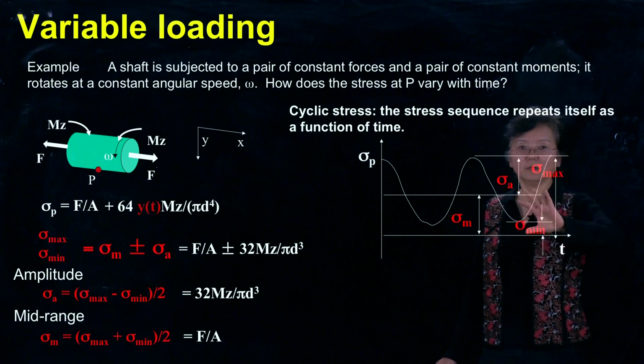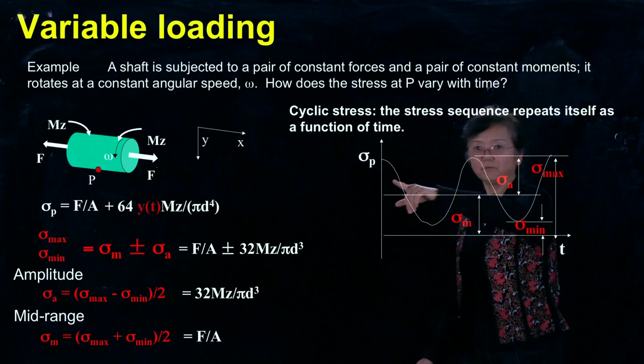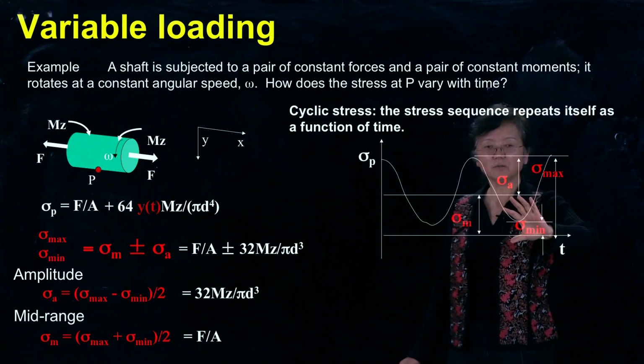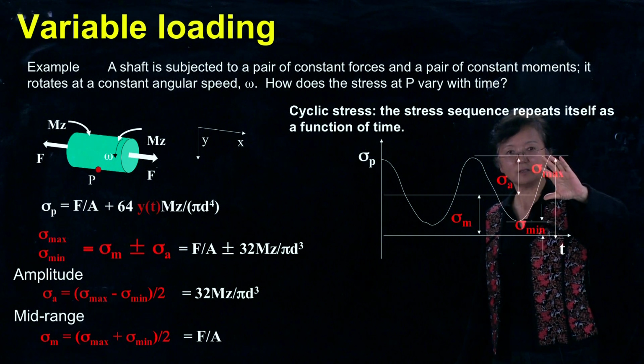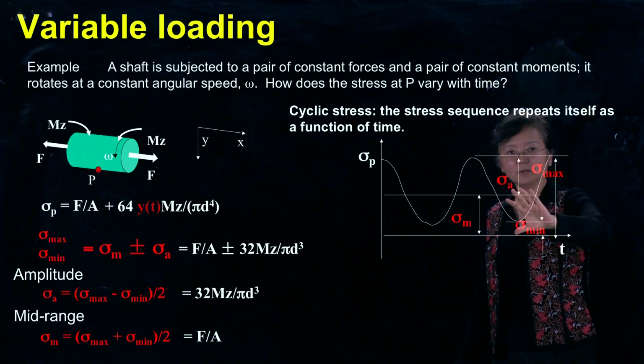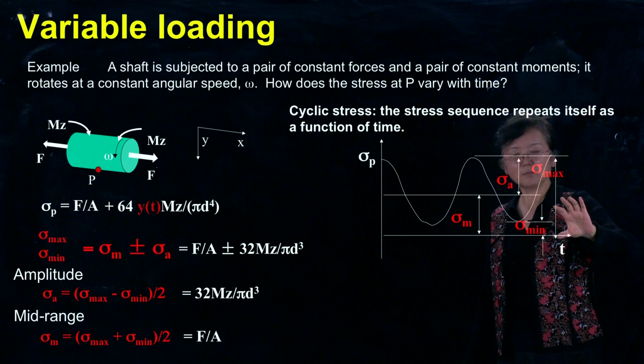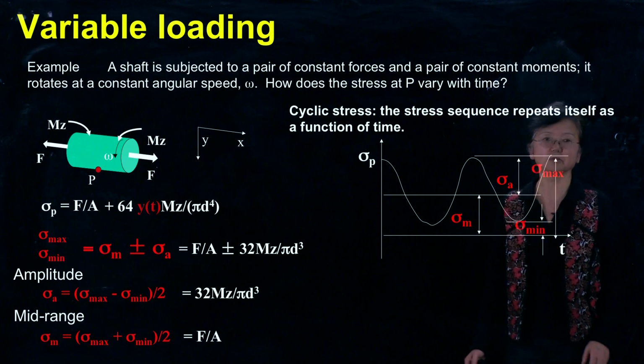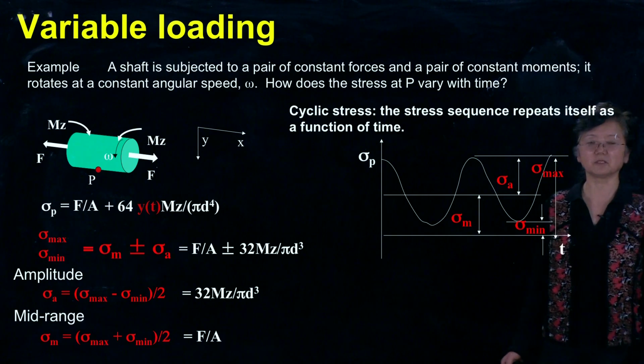So the stress caused by the force defines the mid-range. The mid-range plus the amplitude of the change, we get the maximum. The mid-range minus the amplitude of change, we get the minimum. So this diagram shows us the general situation of stress variation.